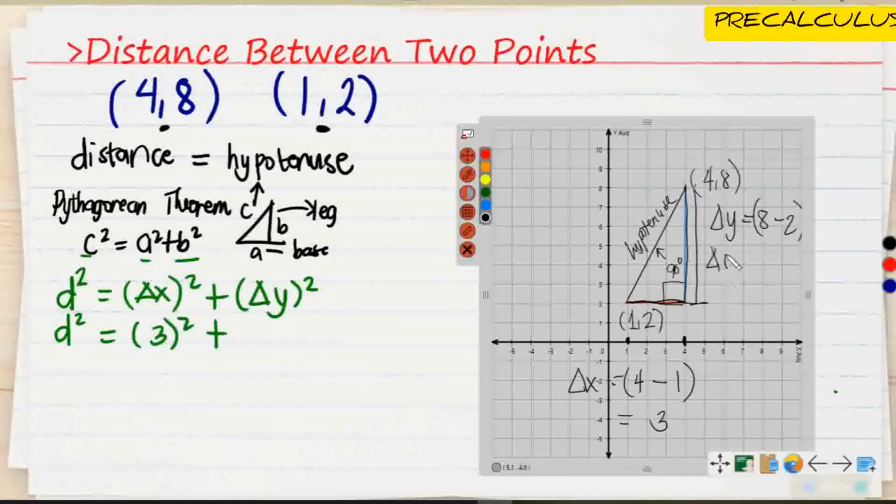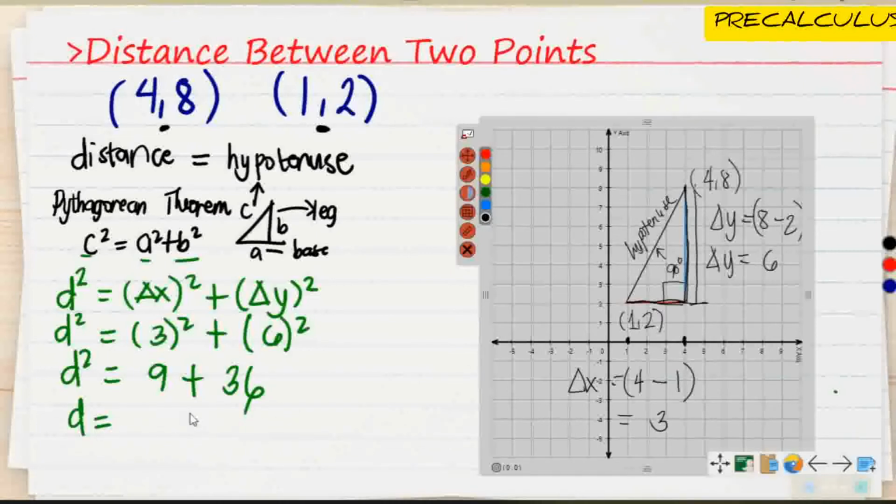So change of y natin is equal to 6. So yung distance na to is equal to 6. So yung change of y is equal to 6 squared. So d squared is equal to 3 squared, which is 9, plus 6 squared, which is 36. So d squared is equal to 45.